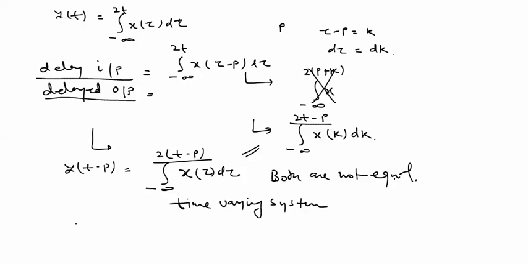First we delay the input by p amount in this integration and modify the limit. We get the result. Second, for the delayed output, t is replaced by t minus p wherever t occurs. Both are not equal, so the system is time varying.